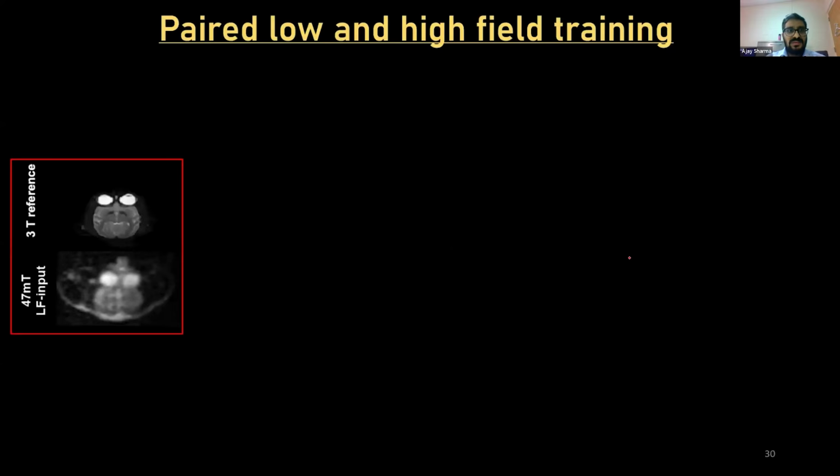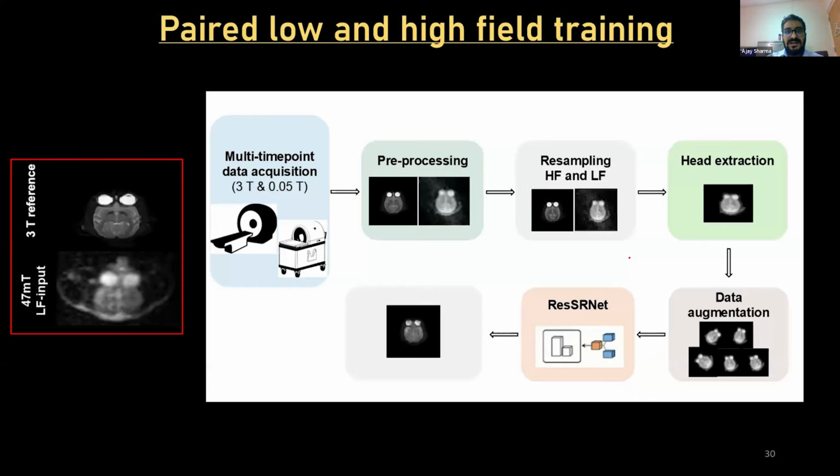So we also trained our model with other approaches. In low field, there are SNR differences, resolution differences, or matrix size differences. So we also tried this model with a paired approach. Yes, we have a 3T reference and 47 millitesla, same subject. We are doing paired training against each other for 7 subjects, a total of 35 data sets, and the rest for testing.